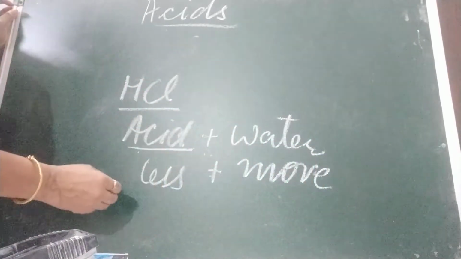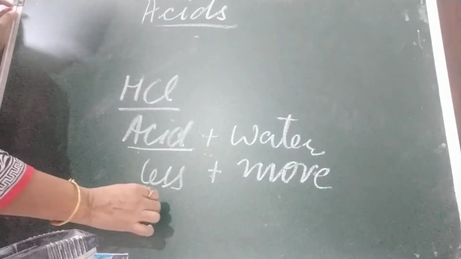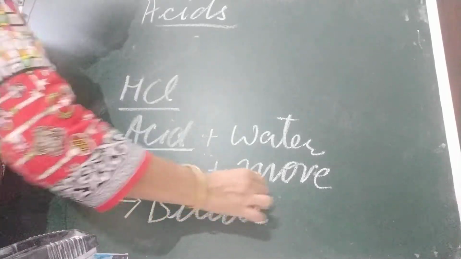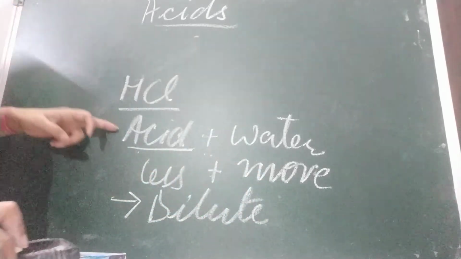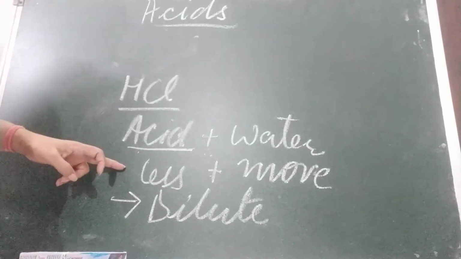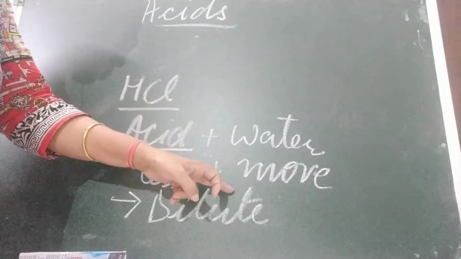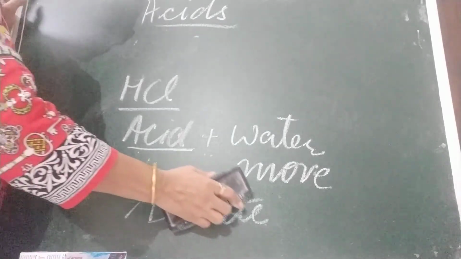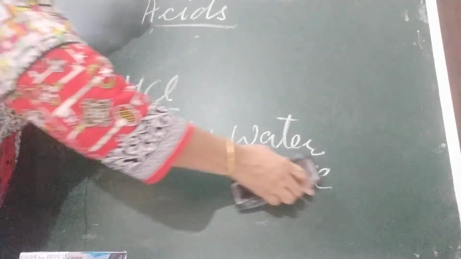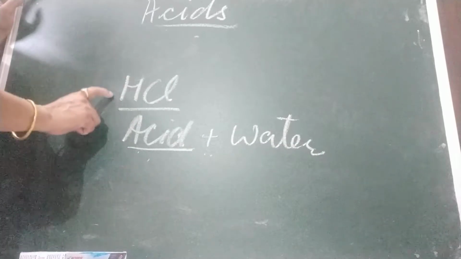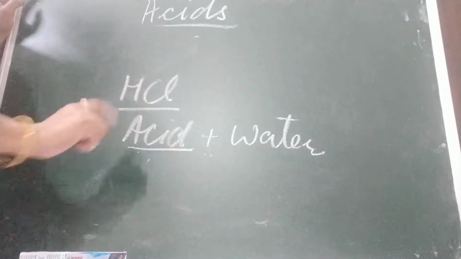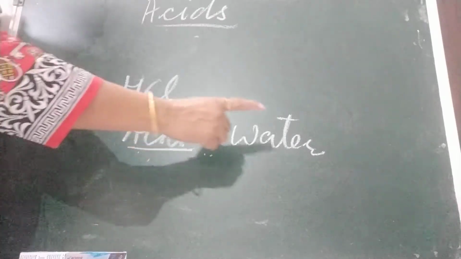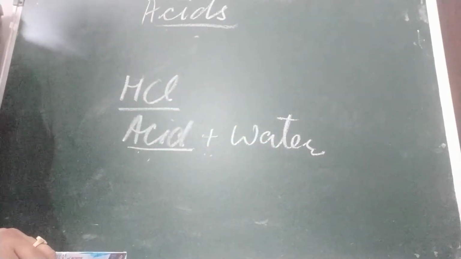then the acid formed is dilute acid. What do we say? Dilute. The amount of acid is less, water is more. If we do the opposite, like HCl, that is dilute hydrochloric acid. When acid is less and water is more, what is formed?